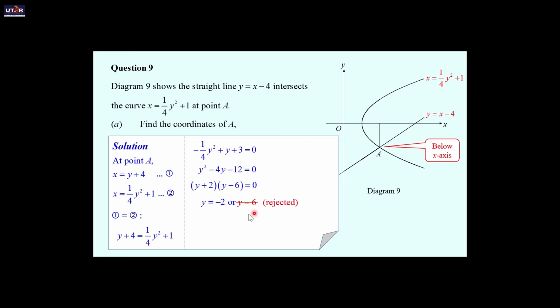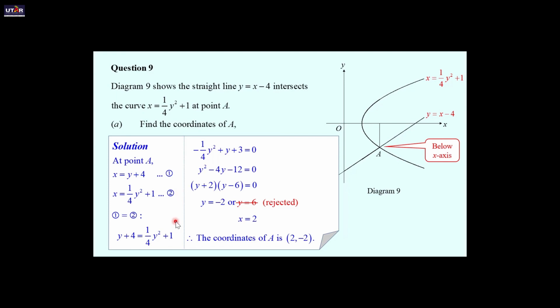So the only value of y will be negative 2. By substituting y equal to negative 2 in either one of equation 1 or equation 2, we obtain the value of x, where x is equal to 2. Therefore, the coordinate of A will be (2, negative 2).